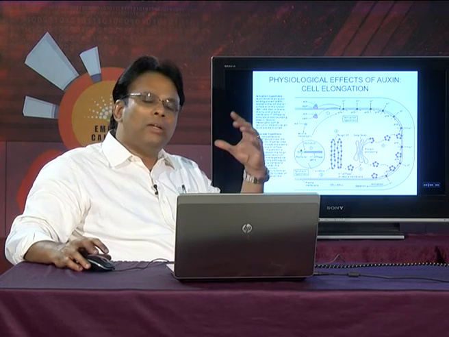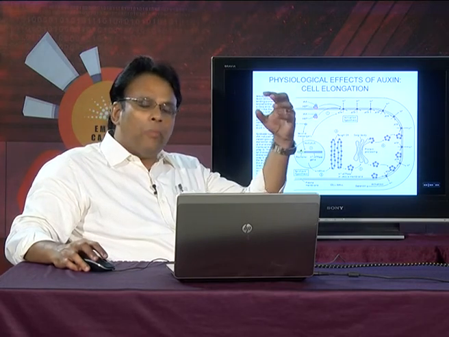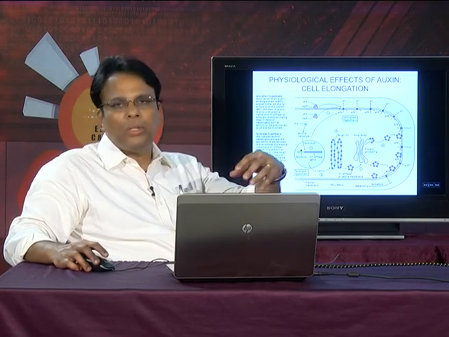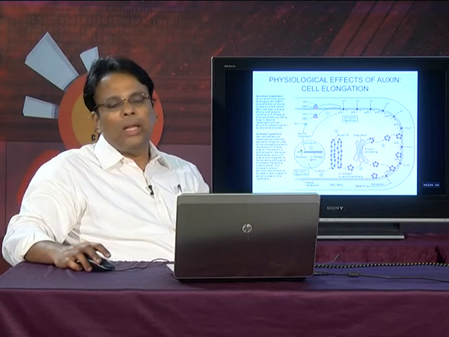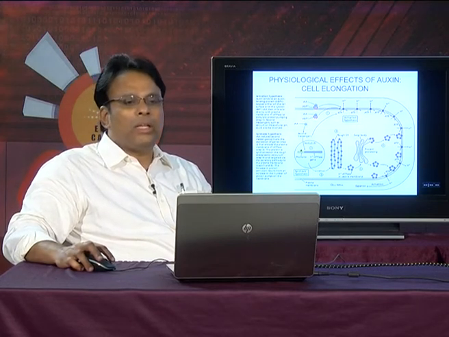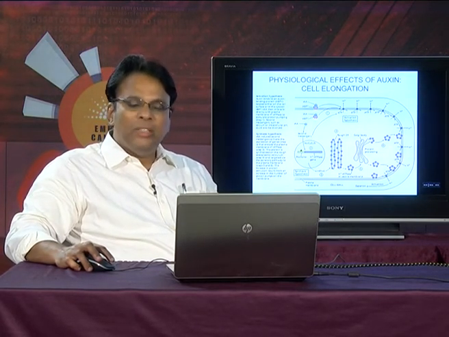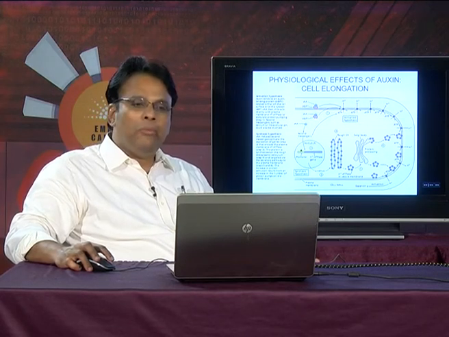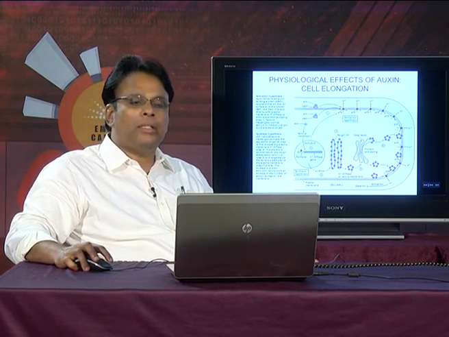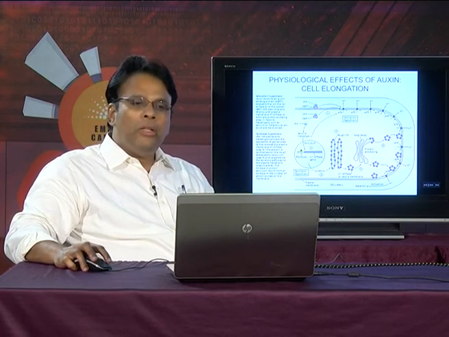So this all started from the application of auxin to the tissue or to the cell, which can result in binding to the auxin binding protein, which can help in the activation of the existing ATPase or can culminate in the synthesis of new ATPase.